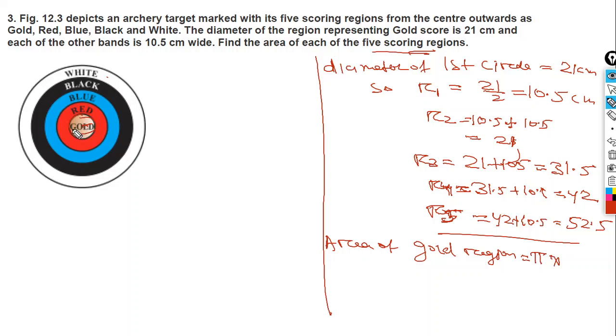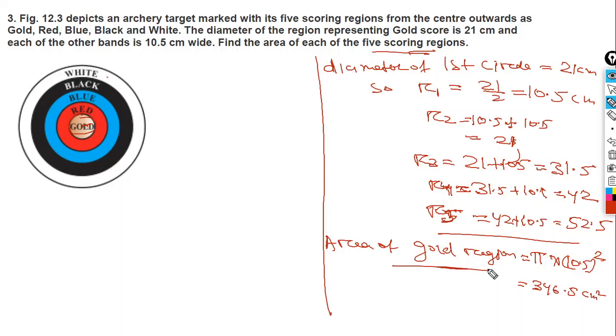So pi r1 square, where r1 is 10.5, squared. Pi is 22 by 7, times 10.5 square. Please calculate it, it will be 346.5 cm square. So this is the area of the gold region.